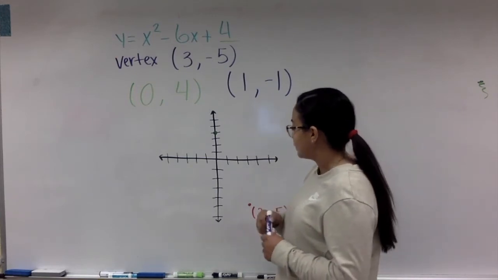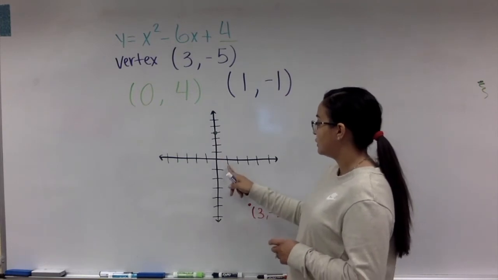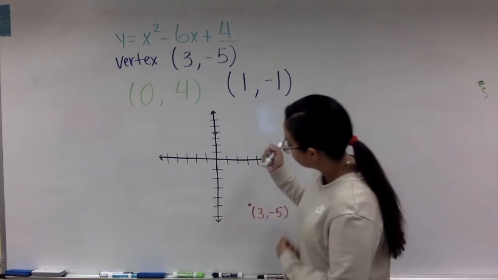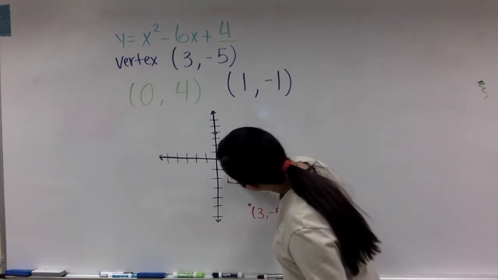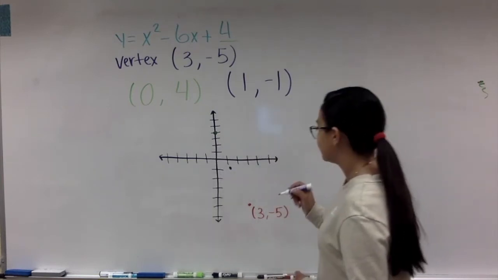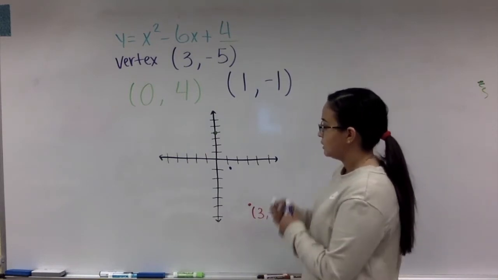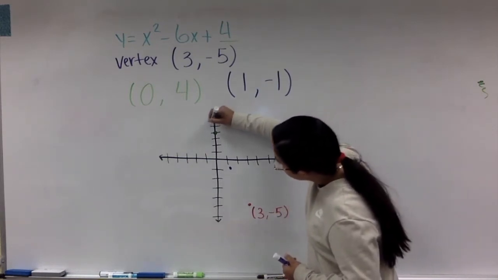Now our second point is 1 and negative 1. So 1 and negative 1 will be right here. Okay. You see how our points are like this and it's just a line?